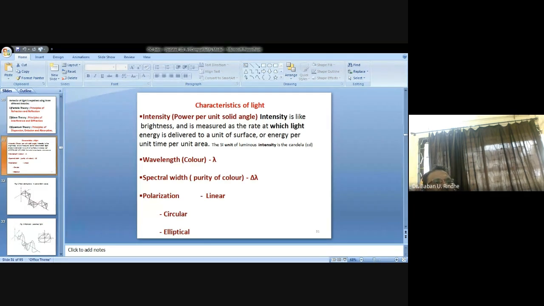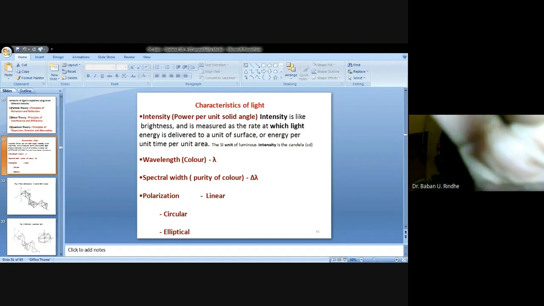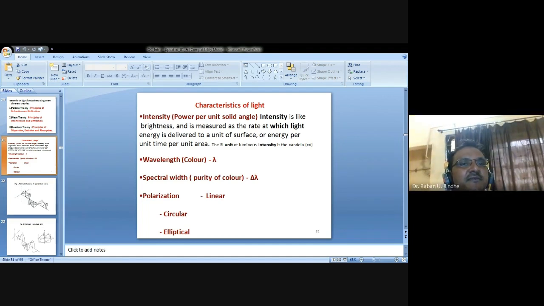Then the spectral width, the purity of color, we get with the help of delta lambda. And for polarization, there are three types available: linear polarization, circular polarization, and elliptical.